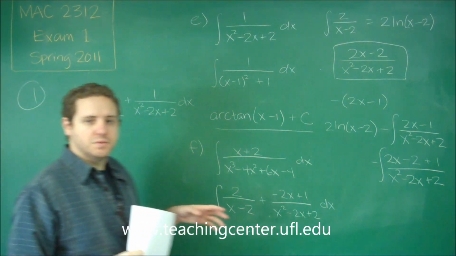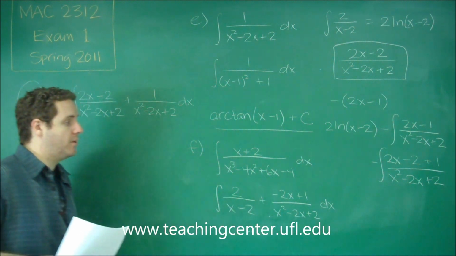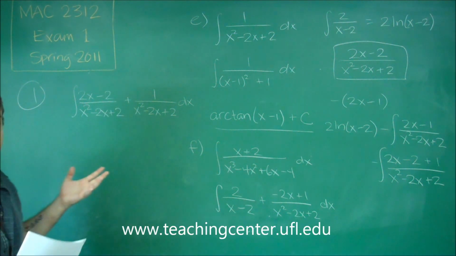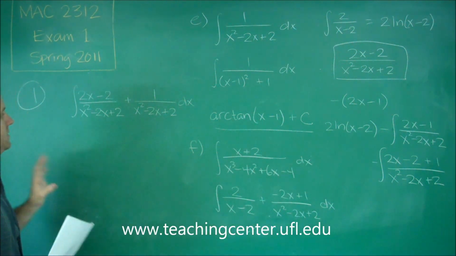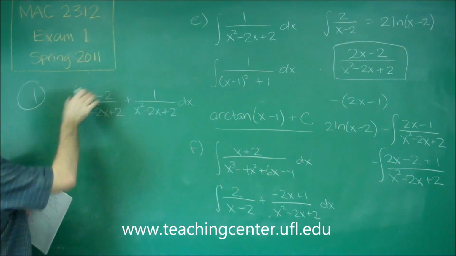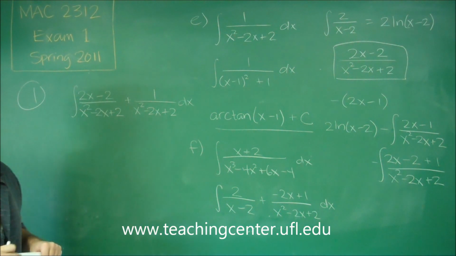So when you have multiple terms in your numerator, you can put each one or any group of them over the denominator like this, as long as you keep your signs correct and everything. So this is perfectly fine, and now these are both simple to do. In this case, the top is exactly the derivative of the bottom. That automatically means this is an ln.